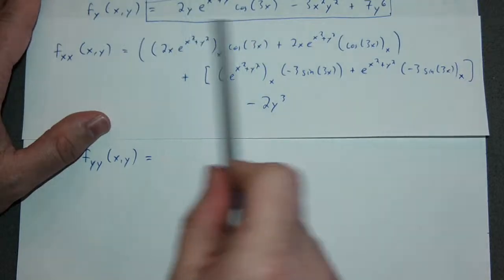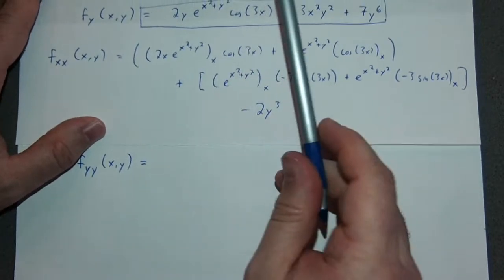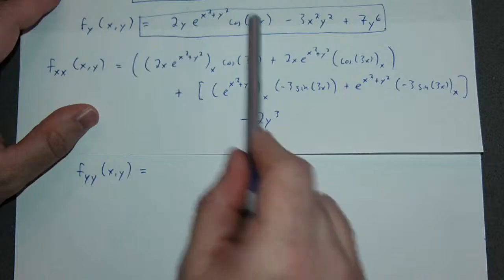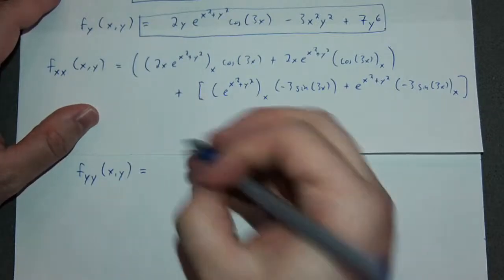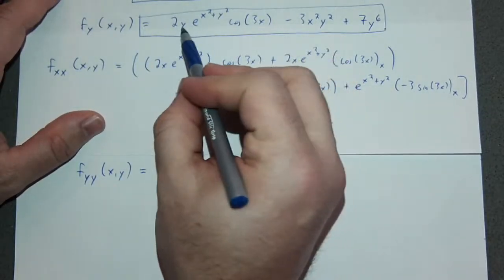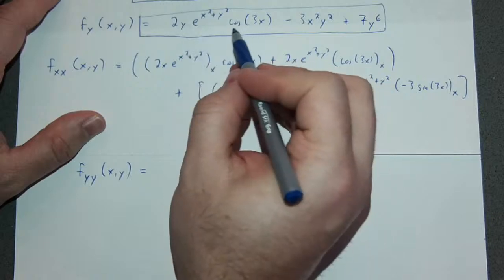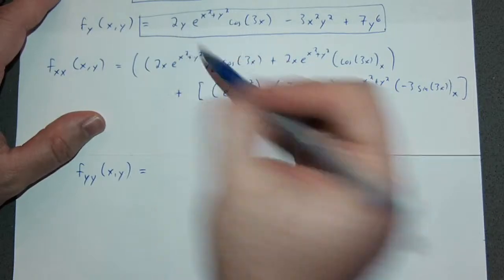Now I actually have a product with respect to y here that I have to worry about, right? So this is a product with respect to y. So I'm taking the y partial of the first thing. So I'm going to group cosine 3x with 2y here.